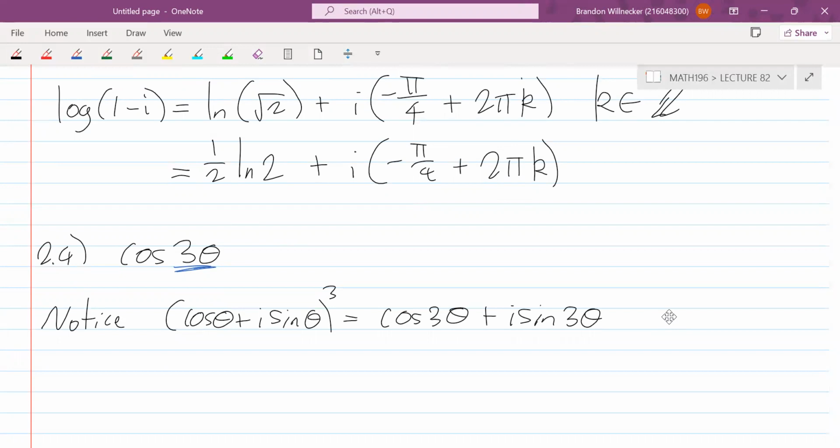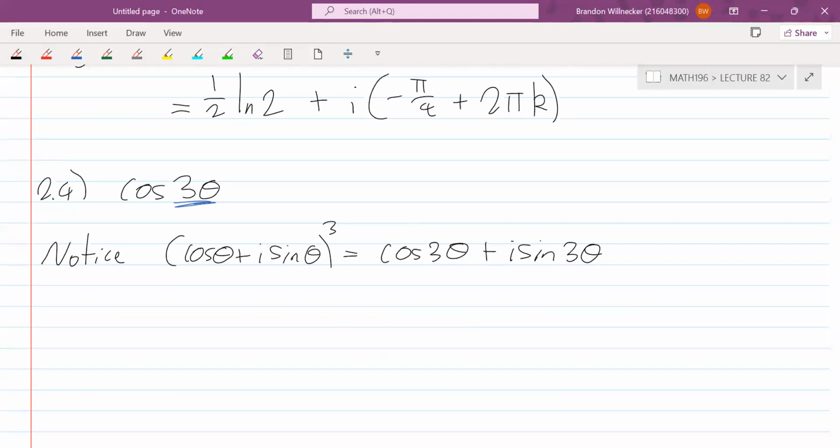Okay, so let's calculate this binomial expansion here. So we're going to have cos theta plus i sine theta cubed.